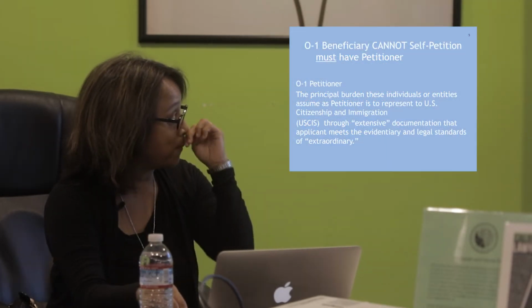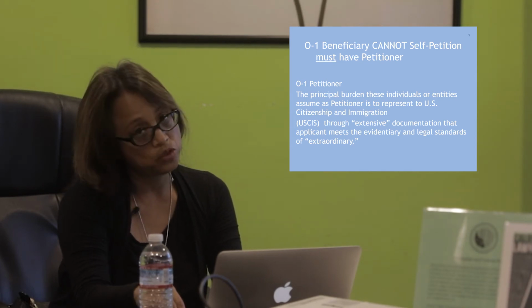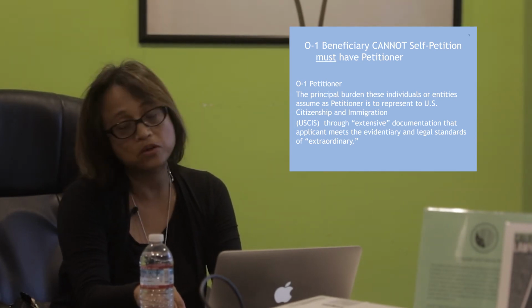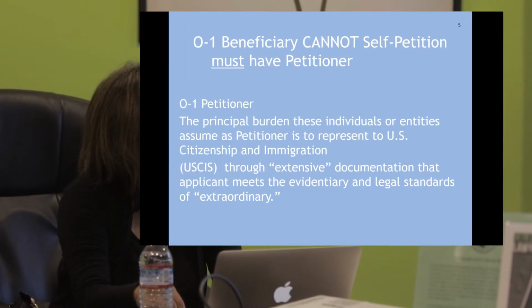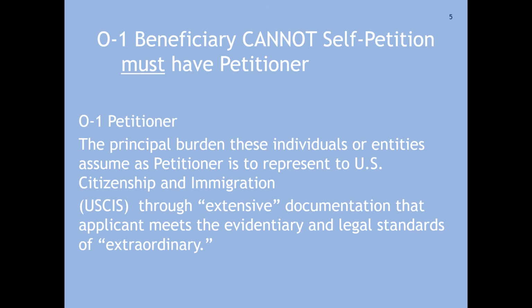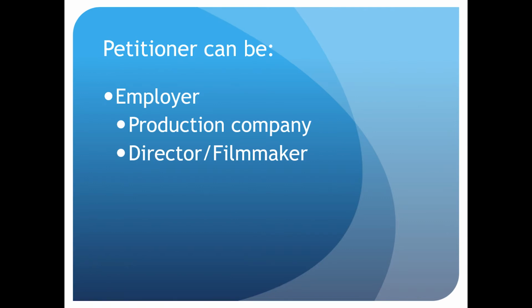A main feature of the O1 is that you cannot self-petition. You must have a petitioner, and this goes across the board for any work visa. They basically represent to immigration that the beneficiary meets the evidentiary, meaning documents, and legal standards of extraordinary ability, which is the legal standard for this visa category. The petitioner can be a direct employer.